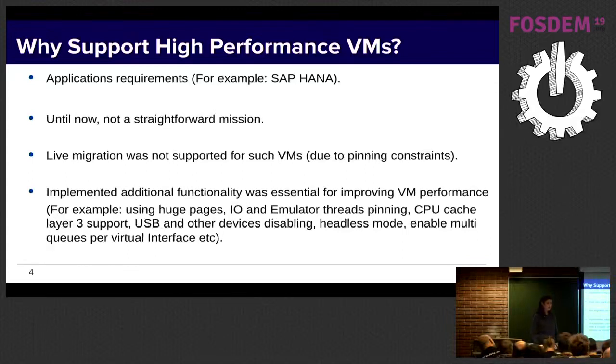And we implemented a lot of additional functionality now for improving the VM performance. For example, we added support for headless VMs, we added support for huge pages, for pinning IO and emulator threads, and for multi-queues per virtual interface for networking, etc.